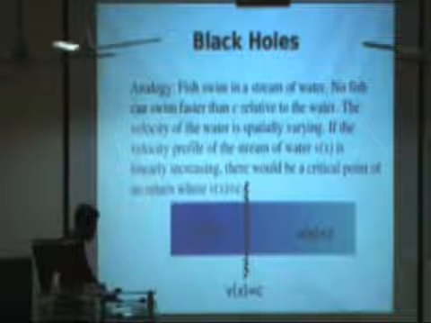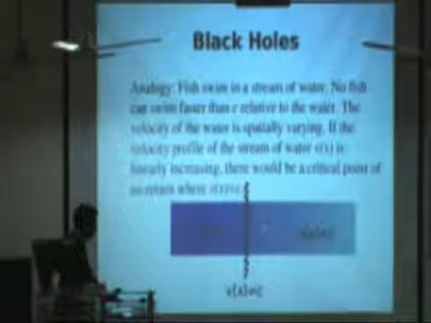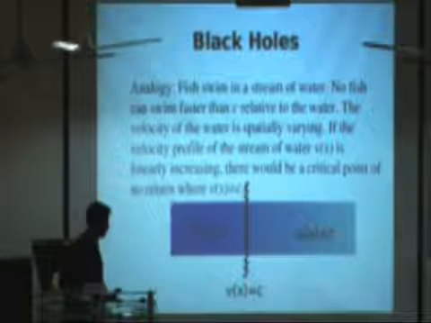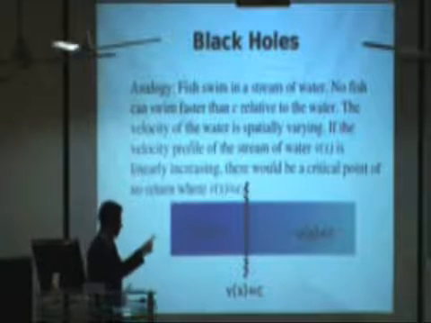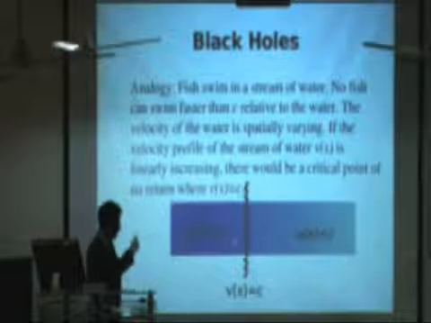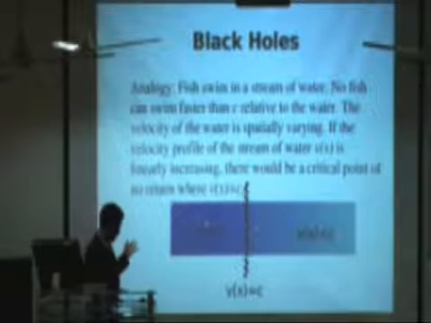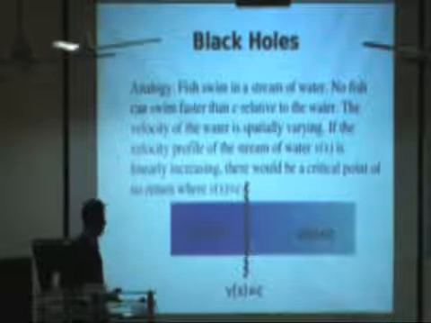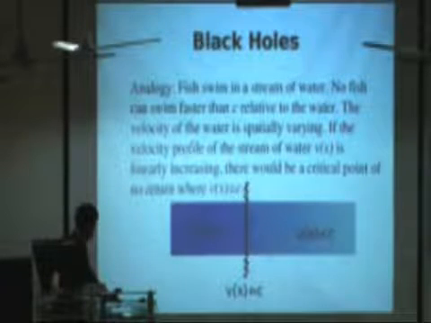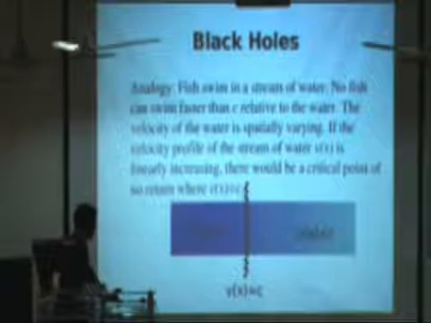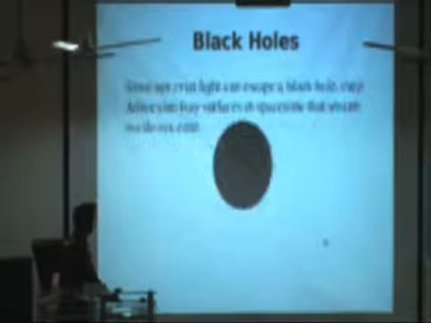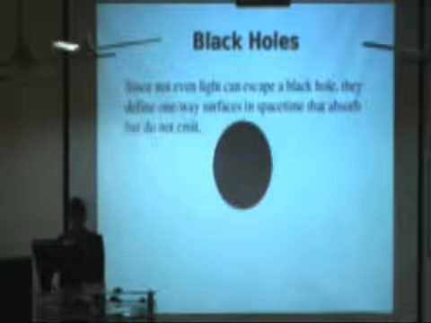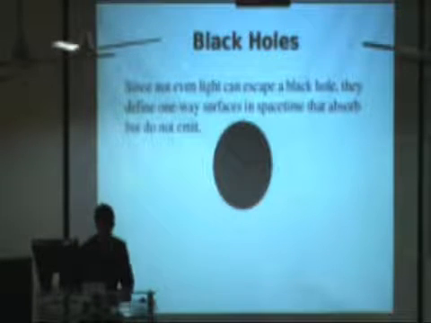A fish swimming here can swim up to here, but also swim back, because the fish can only move at a speed c relative to the water. But once the water is moving in a given direction faster than the speed c, there's no way a fish can swim back from where it came. So there's a critical point of no return where the velocity equals c, as should be obvious from this diagram. Since not even light can escape a black hole, there are effectively one-way surfaces in space-time that absorb but do not emit.